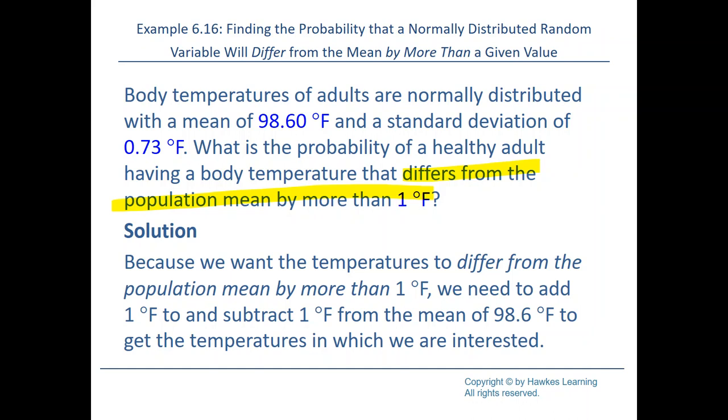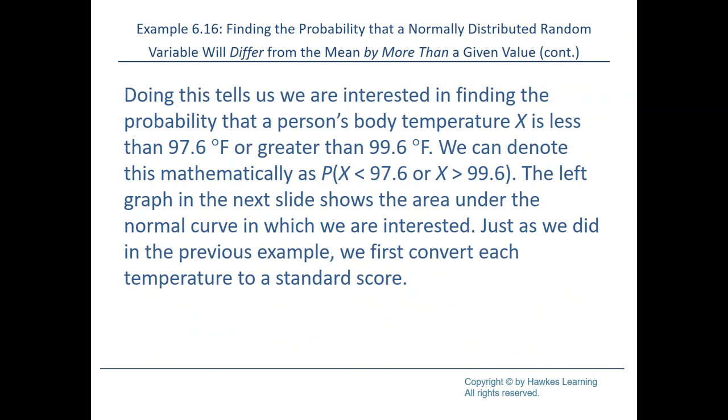So we're going to take that 98.6 degrees Fahrenheit, that's the mean, and subtract and add 1 to get those. This gives us 97.6 degrees Fahrenheit and 99.6 degrees Fahrenheit.